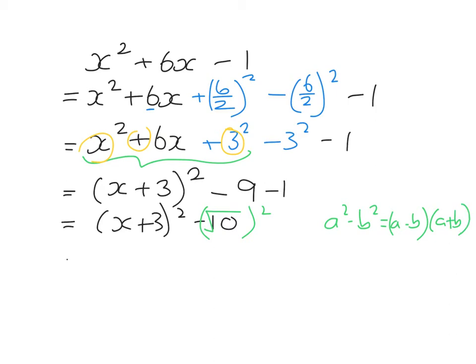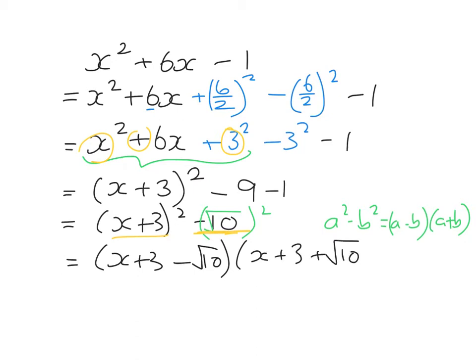So for our 2 brackets we're going to have the first bit, x plus 3, take away the square root of 10, which is from the second bit there, and then our second bracket is going to be x plus 3 plus the square root of 10. Now, if that 10 was a 16 or something that we can take a square root of, then you would obviously use that number, but if you can't do that, just leave it in surd form, and that will be your answer.